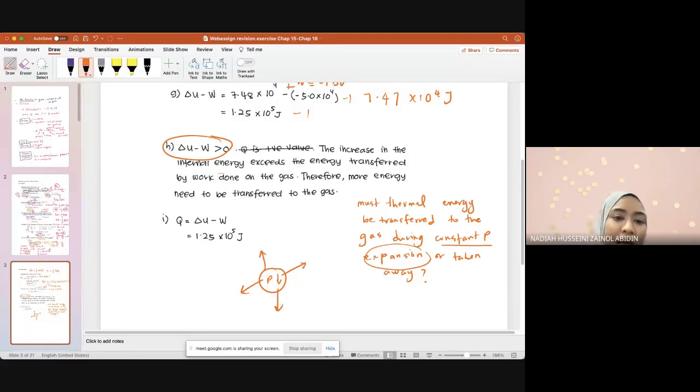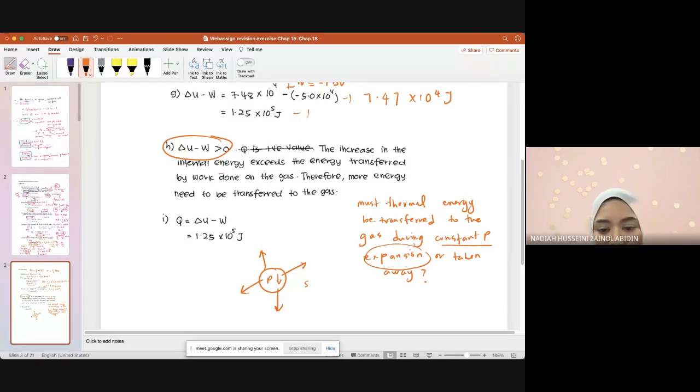So in that case, I need to supply Q so that I can have the molecules bergerak dengan bebas and keep at the same pressure. Remember, pressure ni adalah force over area. It's related to kinetic energy. So kalau saya tak nak kinetic energy saya berkurang walaupun volume membesar, I need to supply more.